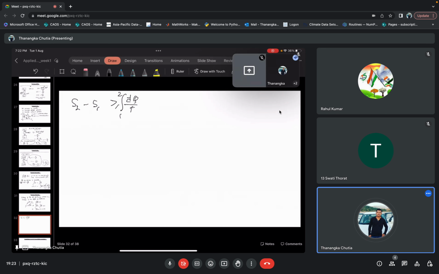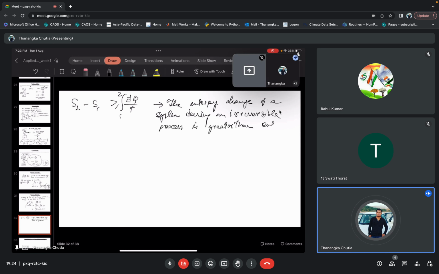What does it signify? It signifies that the entropy change of a system during an irreversible process is greater than the entropy transferred.